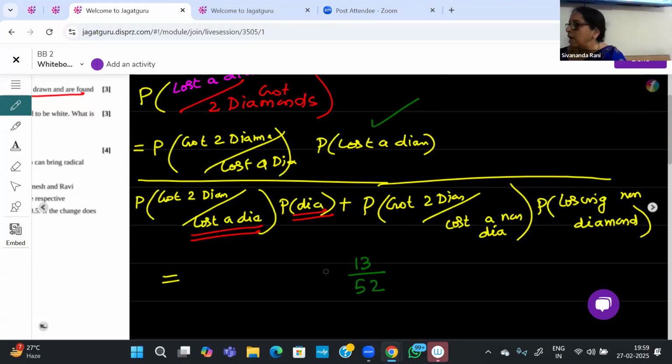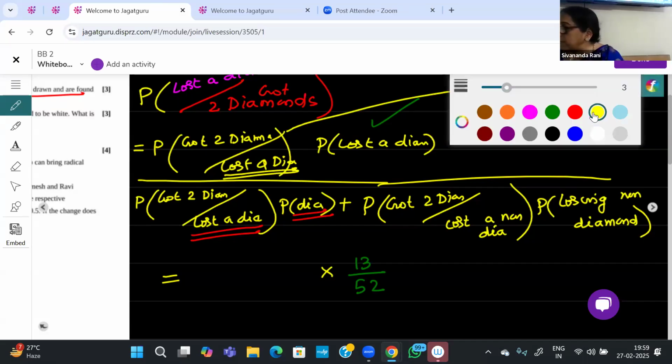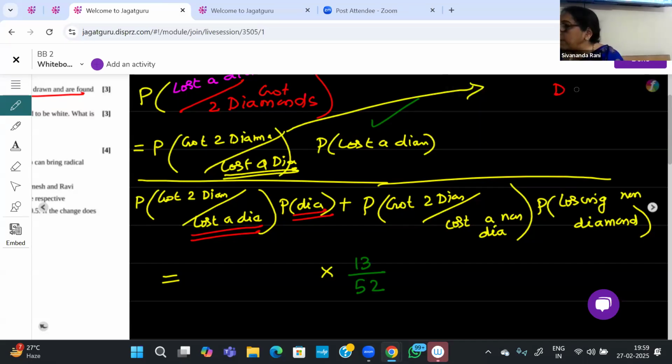And after having lost a diamond, this is a different situation. In this scenario, the number of diamond cards would have become 12, right? The new pack. The scenario after losing a diamond.